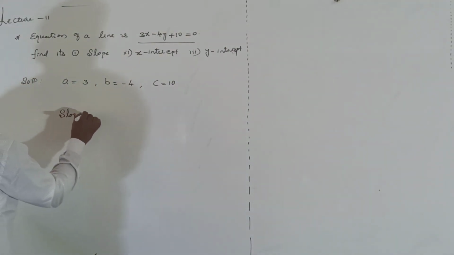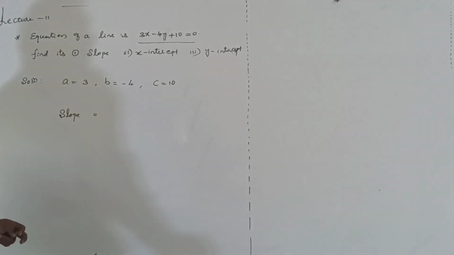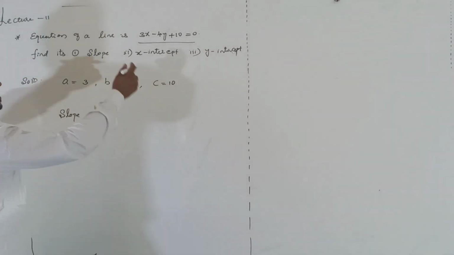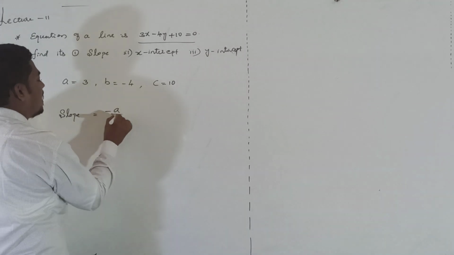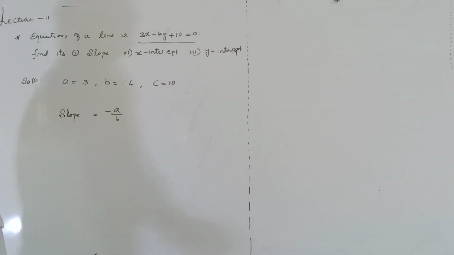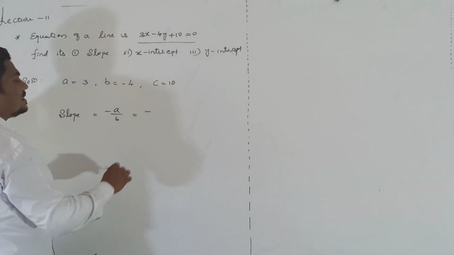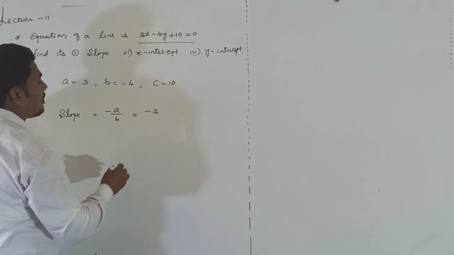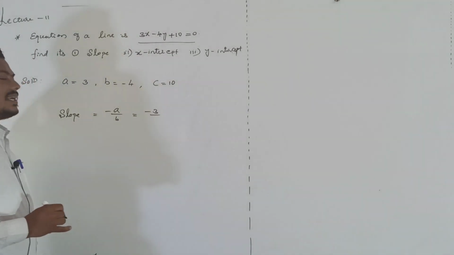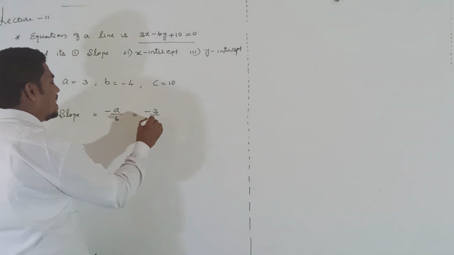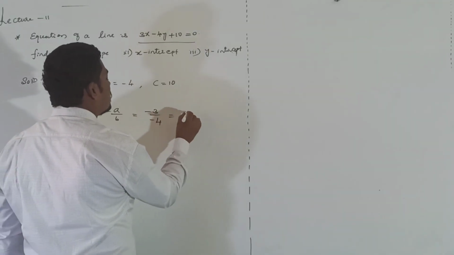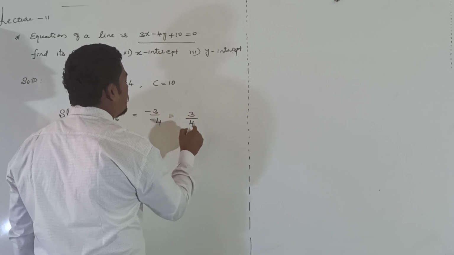Slope is equal to, what is the formula? Slope of this line is minus a divided by b, right? That's equal to negative sign as it is. In this case, what is a value? That is 3. Then what is b value? -4. That's equal to 3 divided by 4.